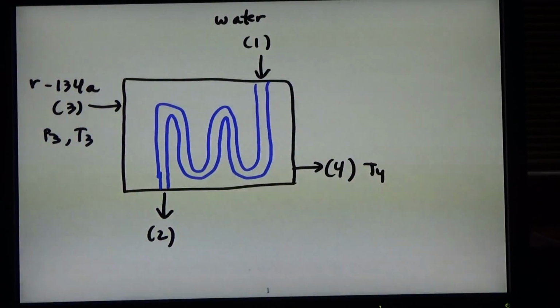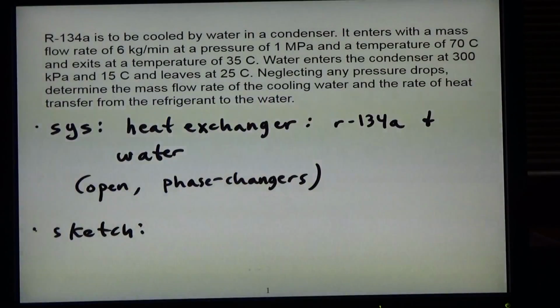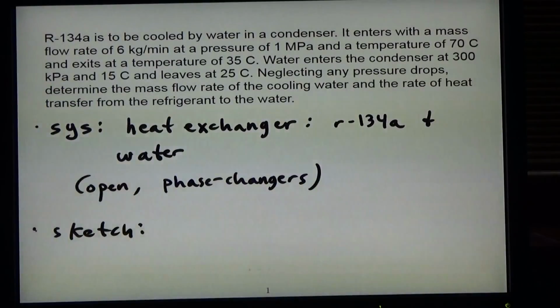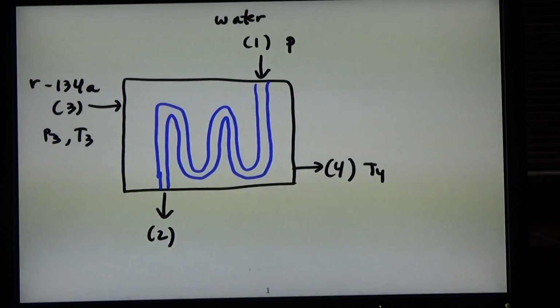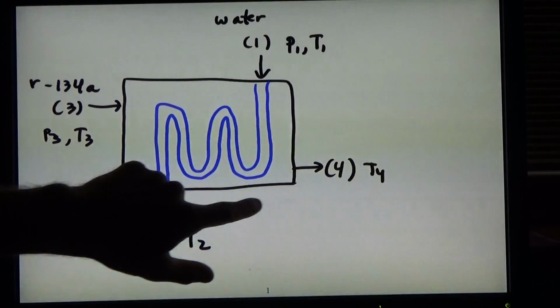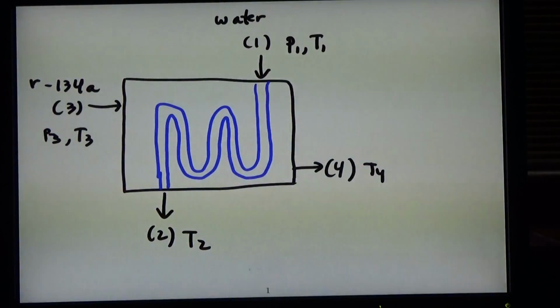For water, we know the inlet pressure, temperature, and the exit temperature. So very similar. We know P1, we know T1, and we know T2. Alright, so here's all of our properties. And then to start off, we're analyzing the entire heat exchanger as the system. So the system boundary is going to be around the entire heat exchanger.